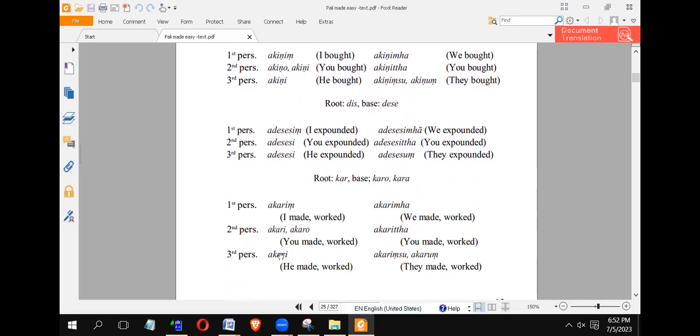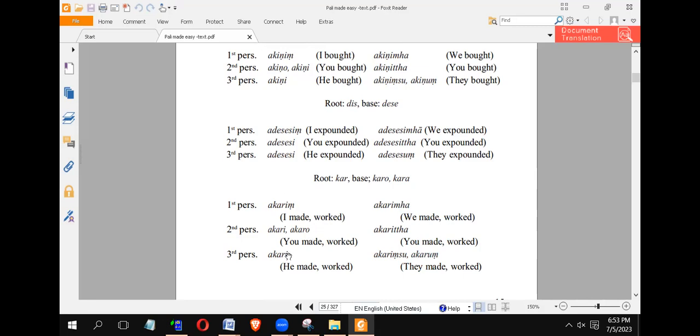Let's look at this example, I think this is easier. Akari: if you want to drop the A, you pronounce akari, kari; akarimsu, karimsu; akarum, karum, but I think this karum doesn't exist. Akaro, karo; akaritta, karitta; akarim, karim; akarimha, karimha.